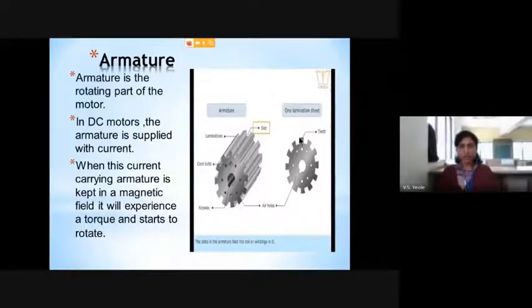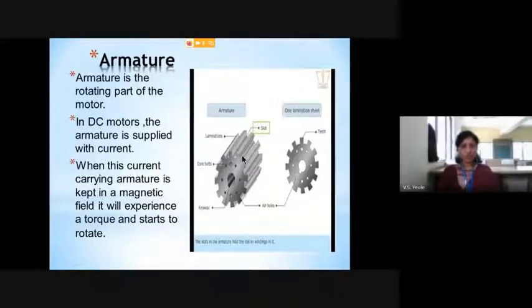Now on each armature core, you can see that a number of slots are provided. In each slot, winding is connected. The armature is the rotating part. So whenever the motor is switched on, the rotating part will be the armature.